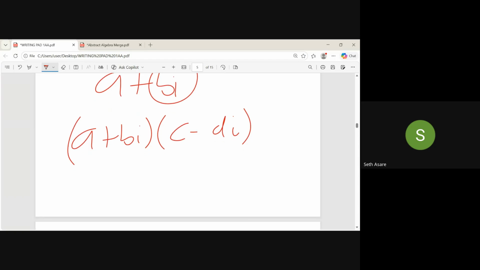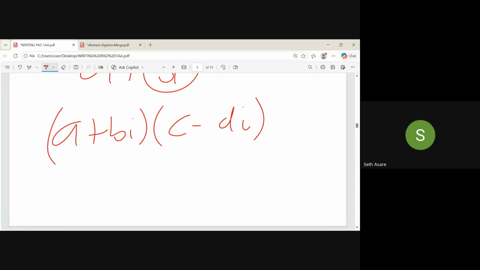When we multiply, what are we going to get? ac, this multiplied by this one, then this sign is minus adi. Okay, so this one has taken care of the 2. Now we want this one to also take care of this one, but the sign here is plus.